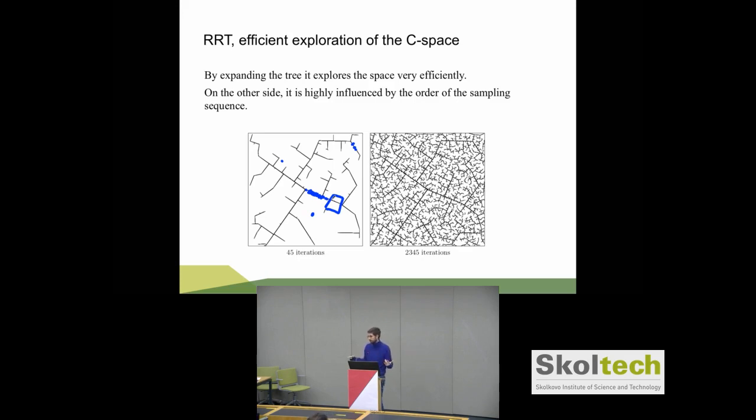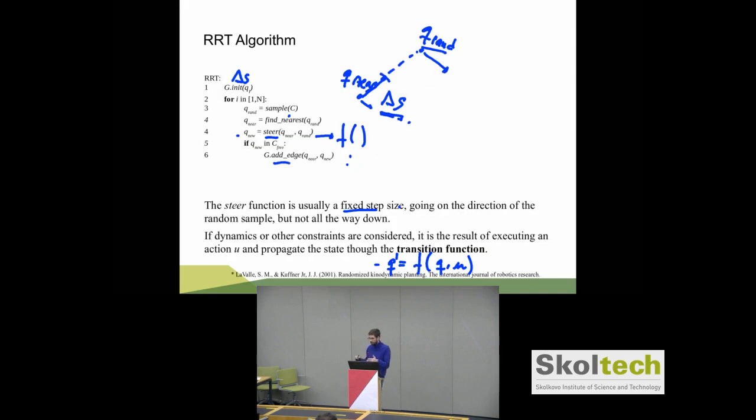So this is another advantage. If you only sample one configuration and then add a single new vertex to the tree, then it's all or nothing. If you have very small ones, maybe you can add until you find a collision. It depends a little bit on the problem, but I think it's easier to start with this kind of idea. For each random configuration, you have a new nearest neighbor, right?